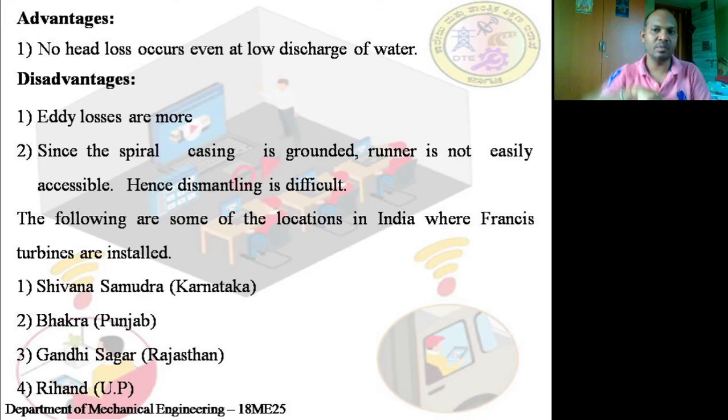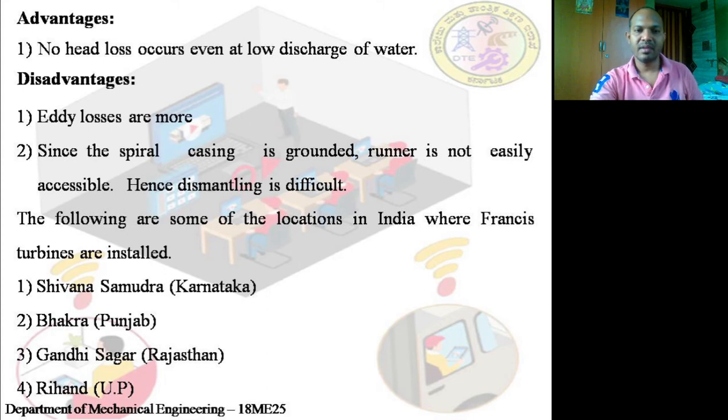That eddy loss will be more in case of reaction turbine. Since the spiral casing is grounded, the runner is not easily accessible. Hence, dismantling is difficult.